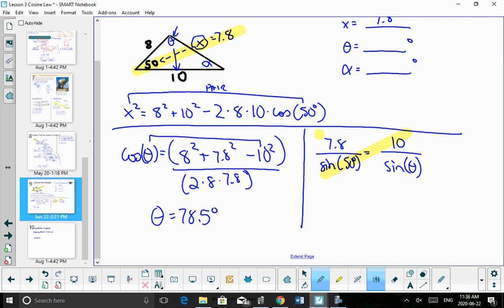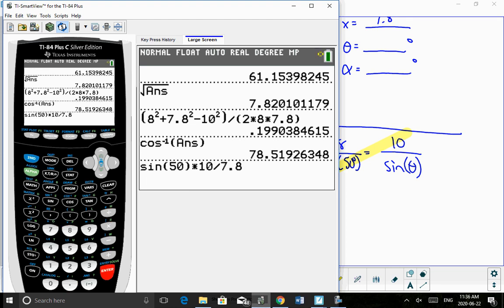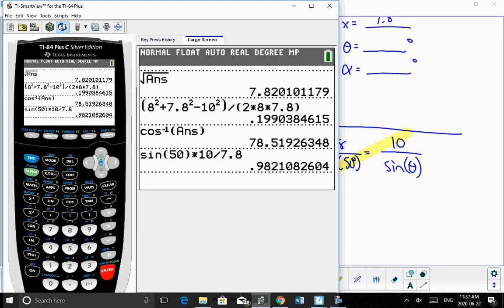Now, if I wanted to do sine law instead, I go sine 50, finish off that bracket, times 10. There's the cross multiply. Divide by the 7.8. In this one, I'm looking for theta, so I go second sine because I'm using the sine rule of that answer.